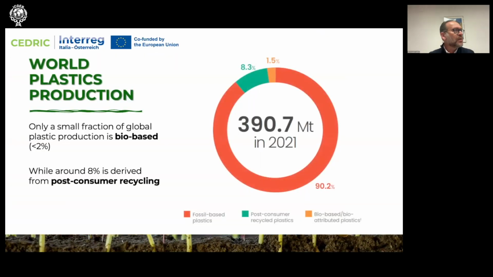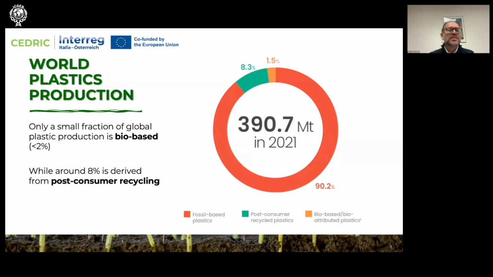Just to give some numbers about how common this material is around us, it is estimated that in 2021 about 391 million tons of plastic was used just in 1 year. Just in 1 year. And of all this plastic, as you can see here, about 90% is coming from fossil-based sources, and only a very small amount of this is coming from bio-based sources.